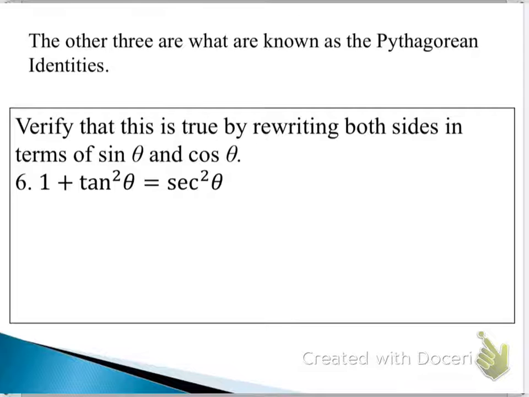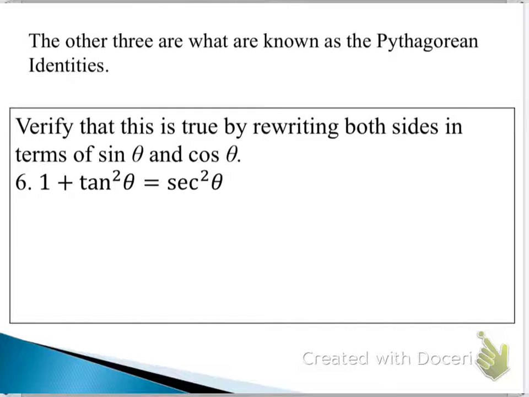All right, so let's go ahead and start verifying identities. The other 3 are what are known as the Pythagorean identities. So we have 1 plus tangent squared theta equals secant squared theta. We're going to use an example on this one as to how we would verify it.